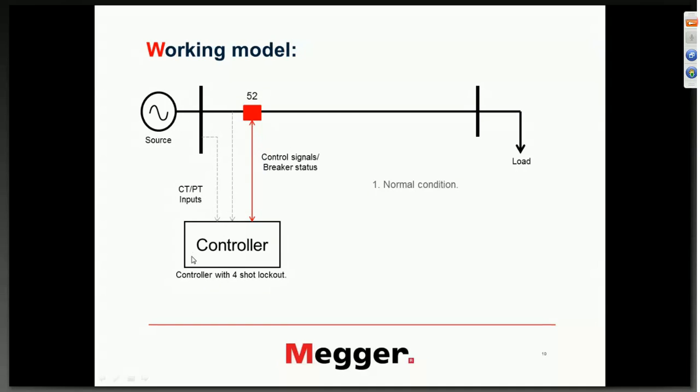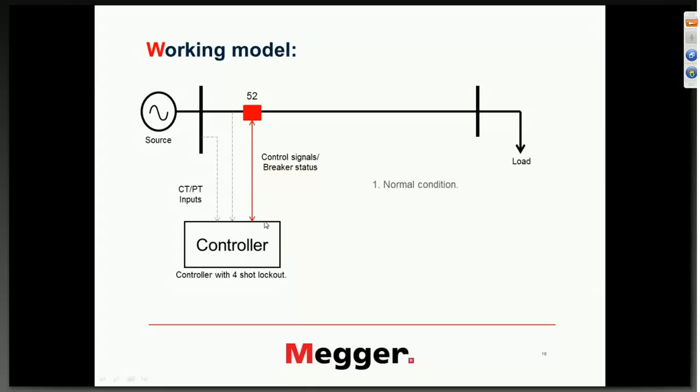We are not focusing right now on the controller itself, but the controller is kind of like the brain behind the operation. Between the circuit breaker and the controller, all the control signals and the breaker statuses are communicated. The CT/PT inputs are going into the controller as well.